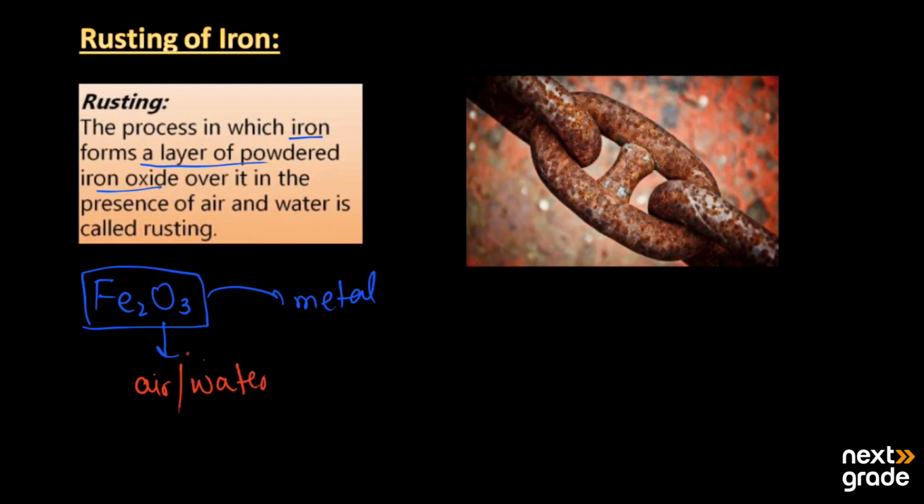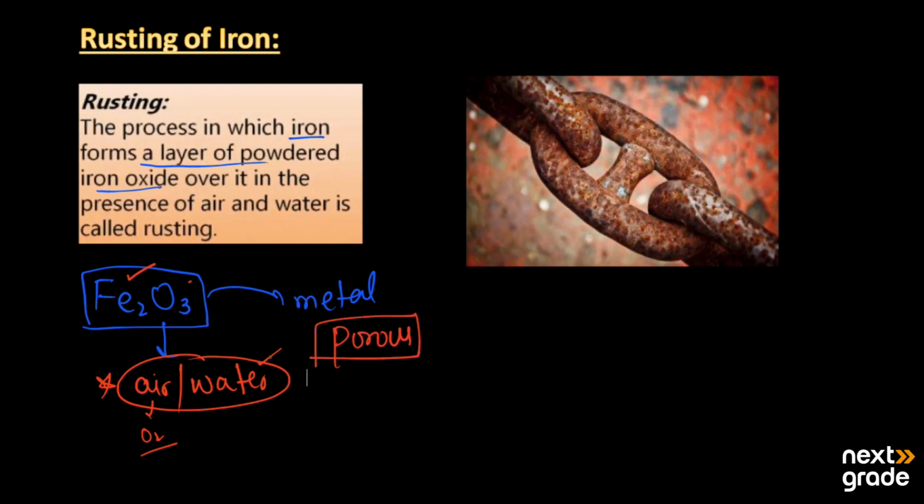So these are the two basic conditions for the rusting of iron: air and water. Because air has oxygen, it reacts with the iron in the presence of moisture and makes a layer of iron oxide over its surface, and that layer is in powder form, basically a porous layer, and it affects the iron surface like this.